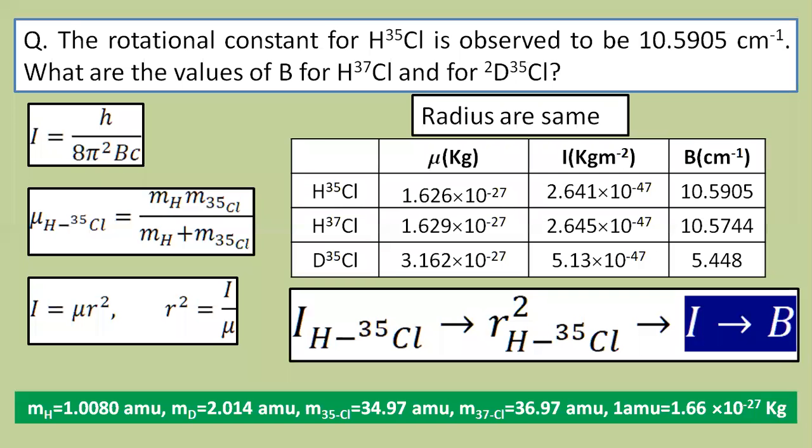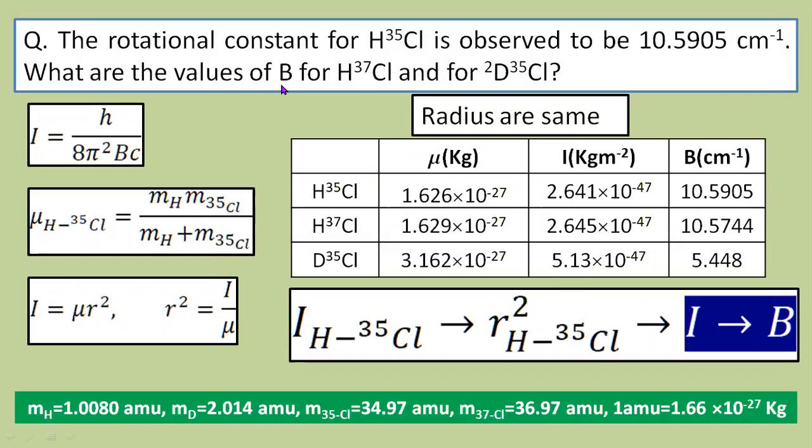Okay, let's do another problem. This I have taken from the manual book. This is quite a long question, and it involves several pieces of information, so you have to go very slowly in order to explain this question. The rotational constant for H35Cl is observed to be 10.5905 centimeter inverse.